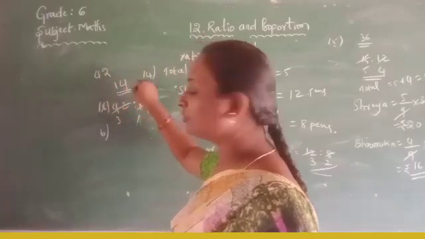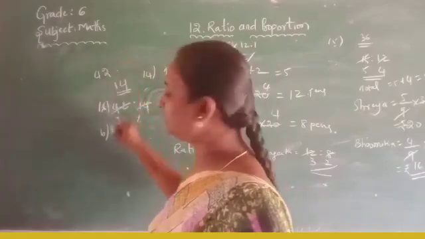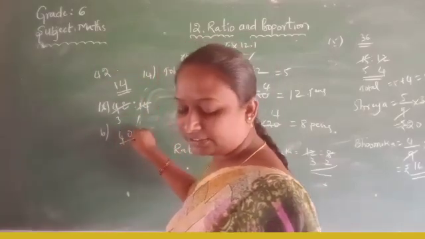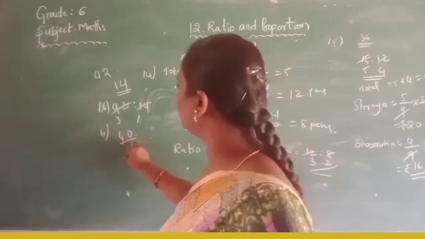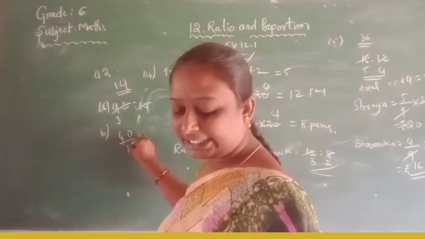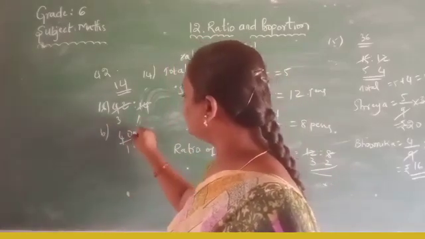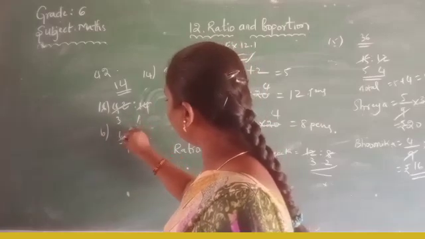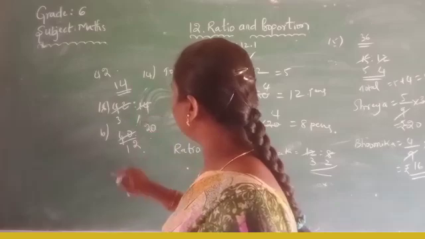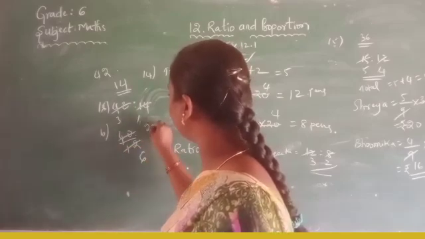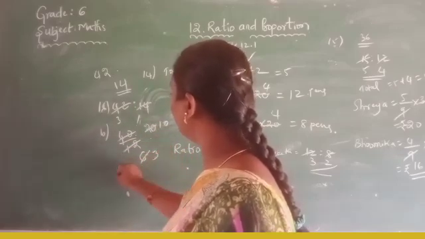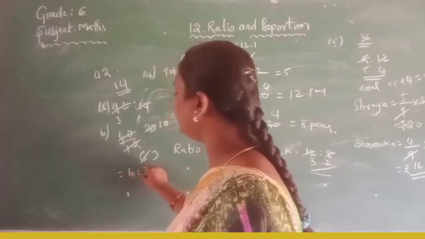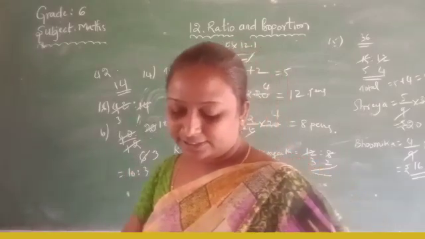When he was 12 years, what was his father's age? Exactly 40. So the ratio of father to son at 12 years is 40 is to 12. Then simplify: 2 twos are 4, 2 twenties are 40, 2 sixes are 12. Again 2 tens are 20, 2 threes are 6. What is the ratio here? 10 is to 3. Right.